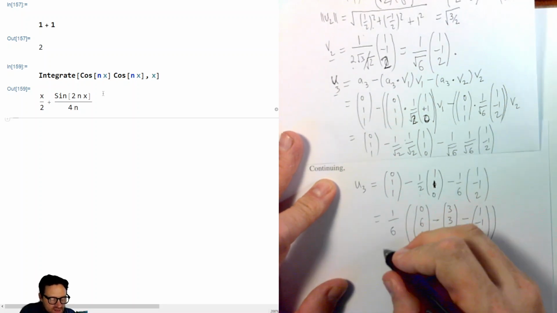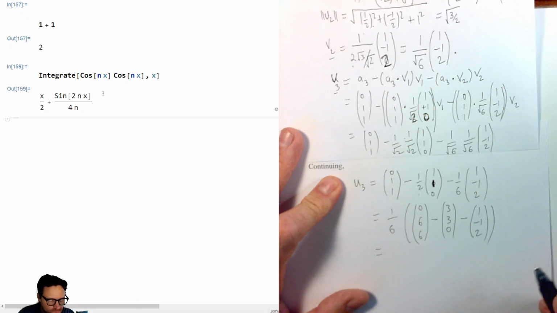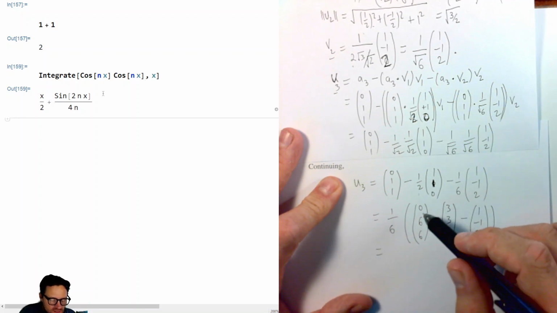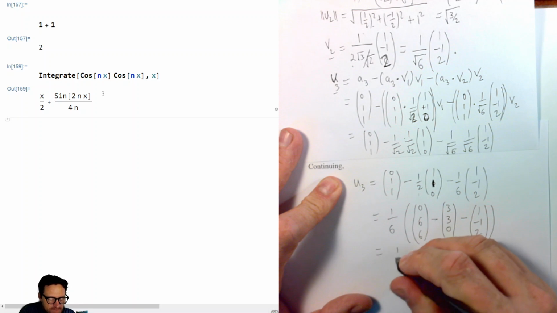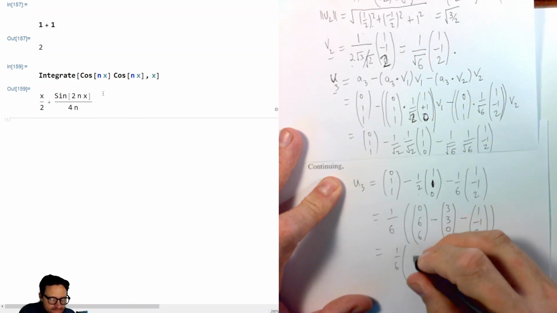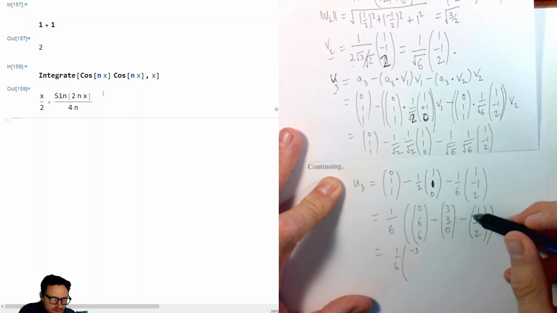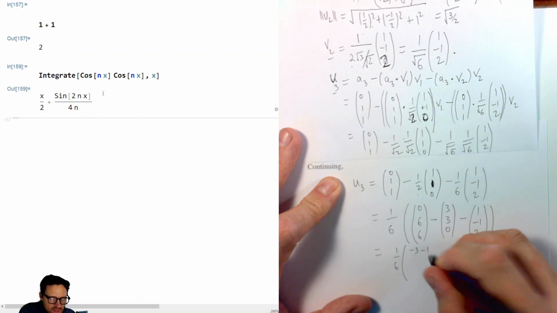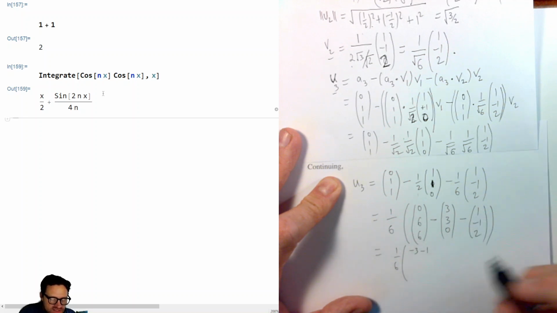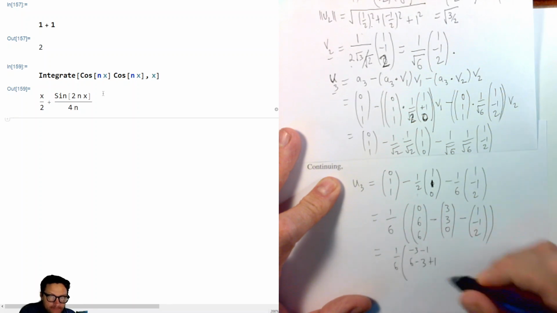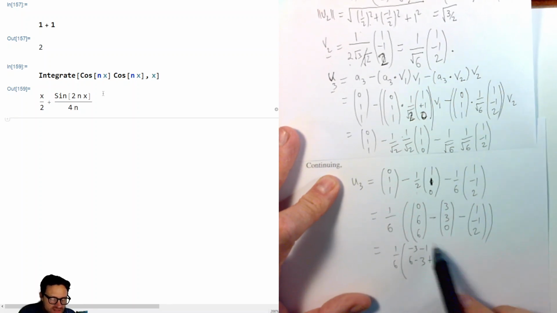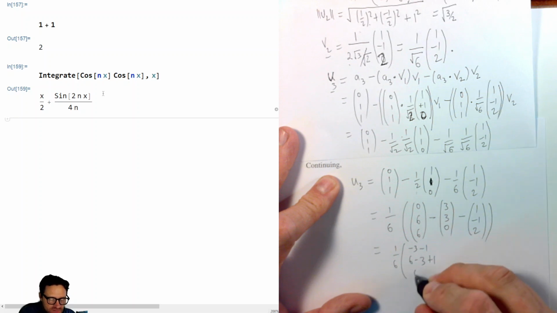Okay, so let's simplify this then. So 0 minus 3 minus 1, and then 6 minus 3 plus 1, and then 6 minus 0 minus 2.